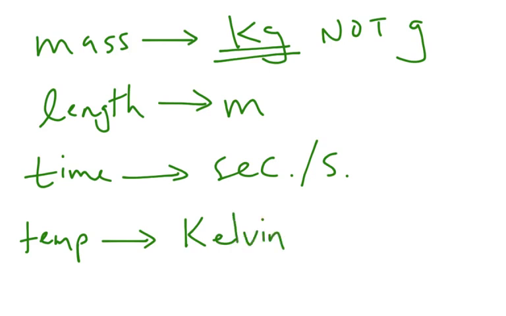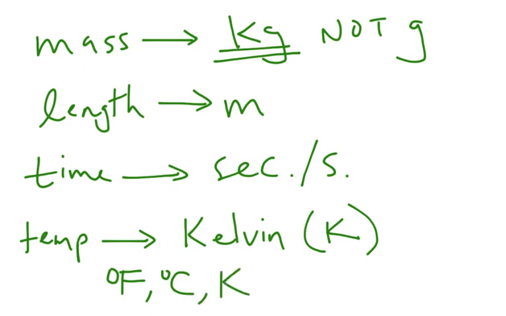Not Kelvin, but Kelvin. And this is abbreviated as K normally. And this is one of those units that's very different than the metric system. As far as temperature goes, the English temperature units are Fahrenheit, as you guys know. The metric unit for temperature is Celsius, and then the SI unit for temperature is Kelvin.